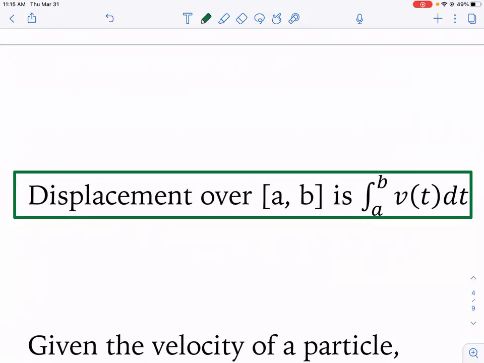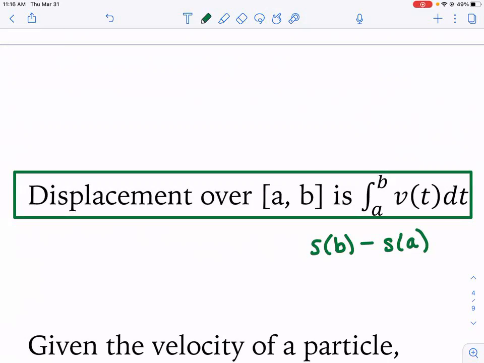Does it make sense why we're taking the definite integral of velocity to get our displacement? Okay, we're going back to a position first of all. A definite integral means we'd be taking the position at B minus the position at A. What's the difference from where we started to where we ended? I mean, that's what we're doing, right?